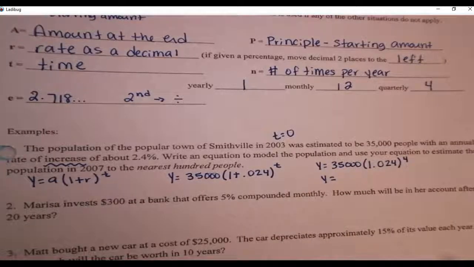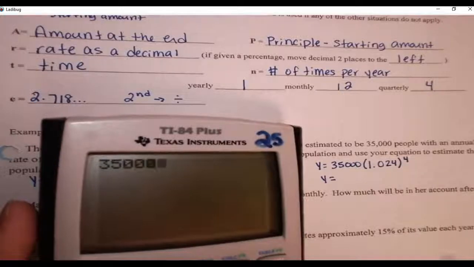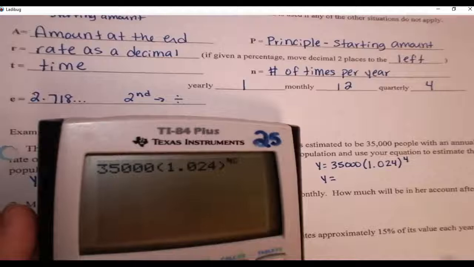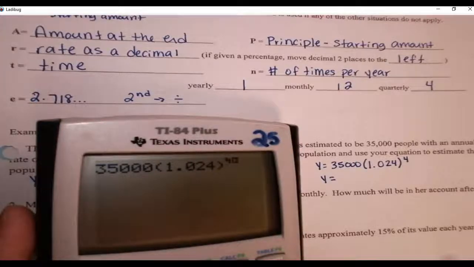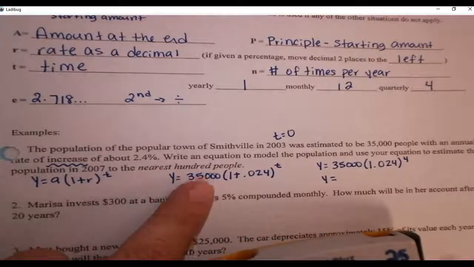And then we just type it in our calculator, and hopefully you get this. And so it tells me to round to the nearest 100 people.